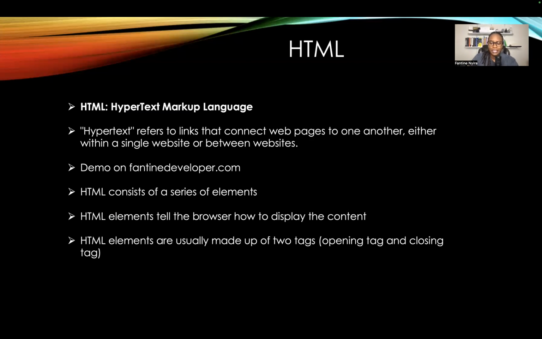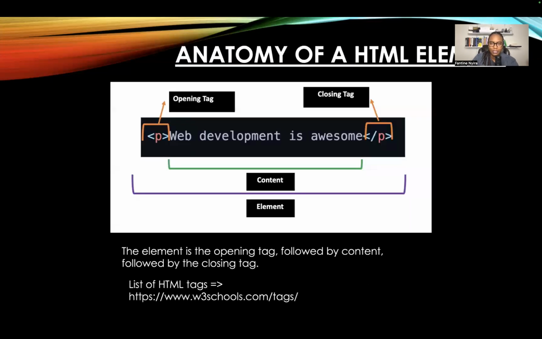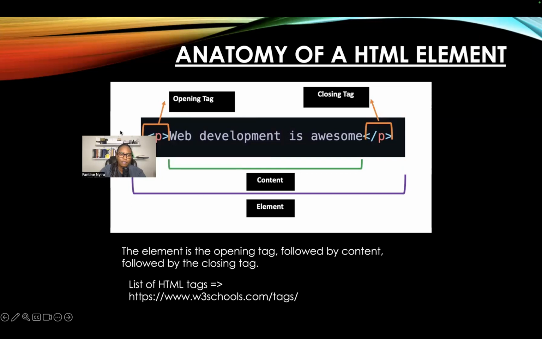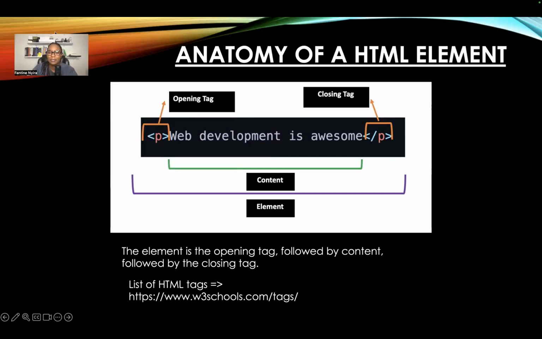There is an opening tag, then the closing tag. This is the anatomy of an HTML element. As I said, there is an opening tag, and then there's a closing tag. The closing tag has a slash. In between those tags is the content of the element, and all of this makes the element.